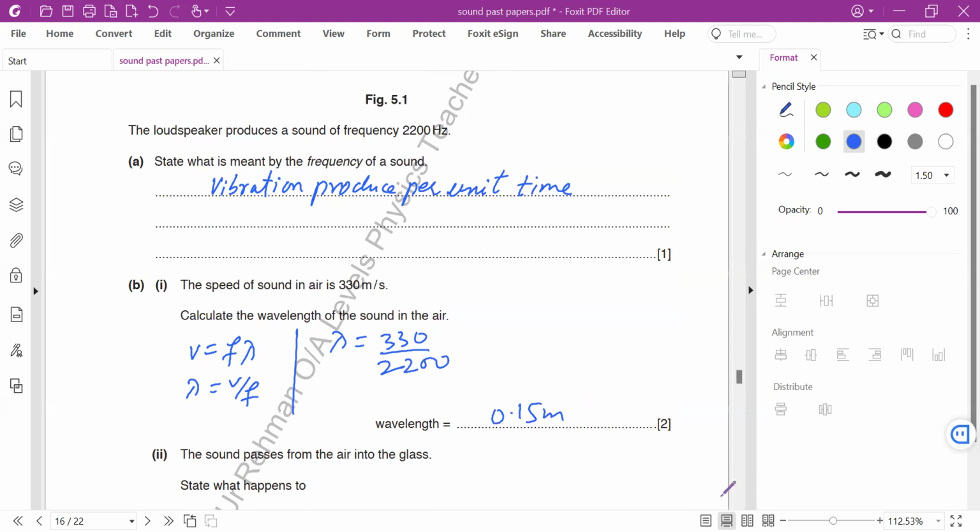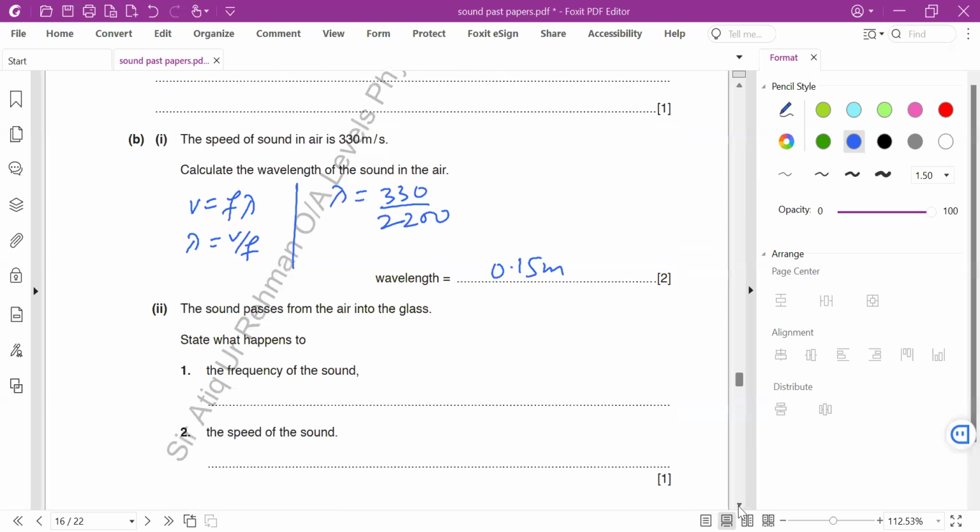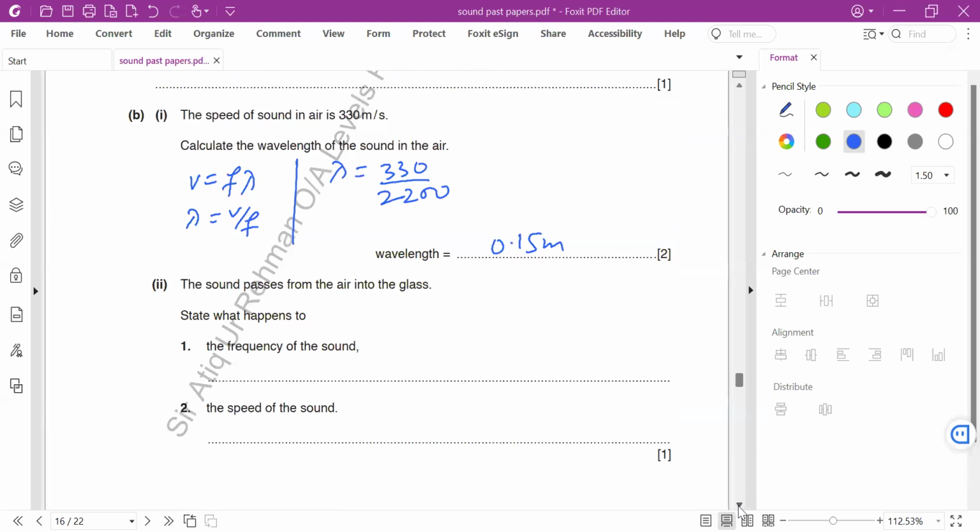The sound passes from air into the glass. State what happens to the frequency of sound. Remember that as sound passes from a less dense region to a denser region, its speed increases, because sound travels faster in a denser medium. So frequency remains the same, remains constant, and the speed of sound increases.